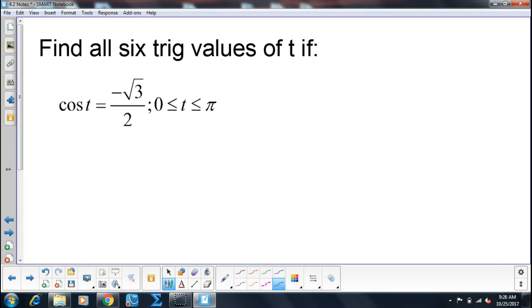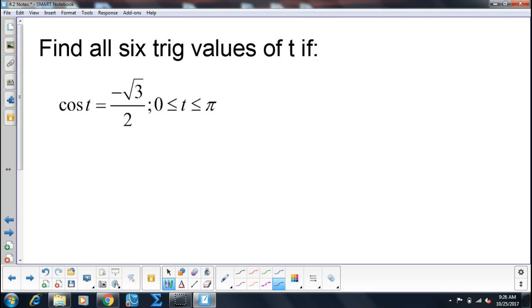So the first one that I want to go over is I want you to find all 6 trig values of t if the cosine of t is equal to negative square root of 3 over 2 and the fact that t is somewhere between 0 and pi. Okay?